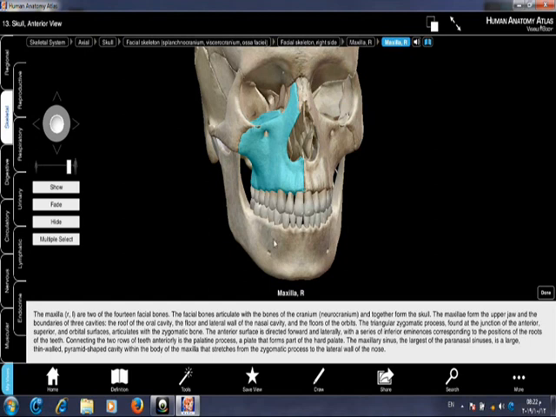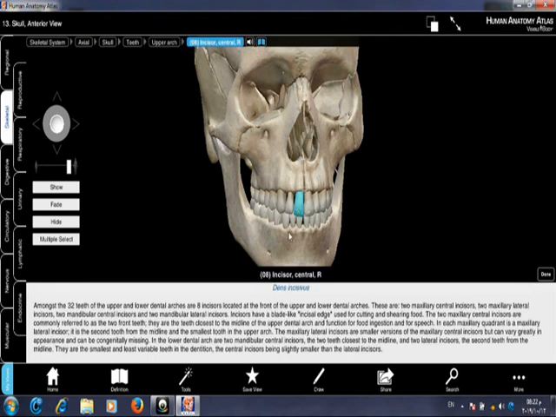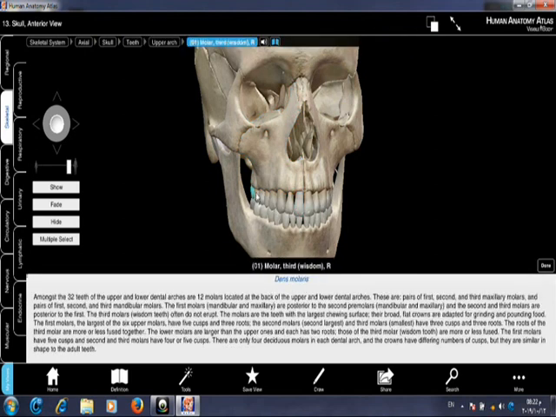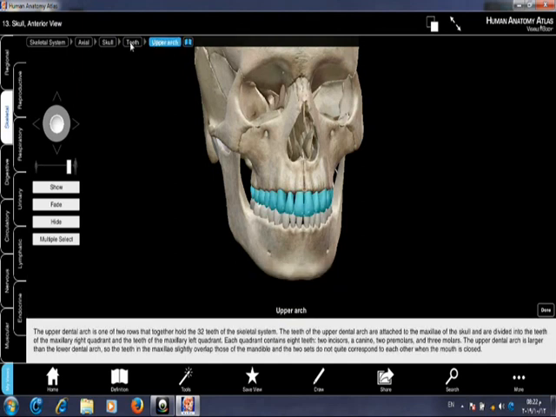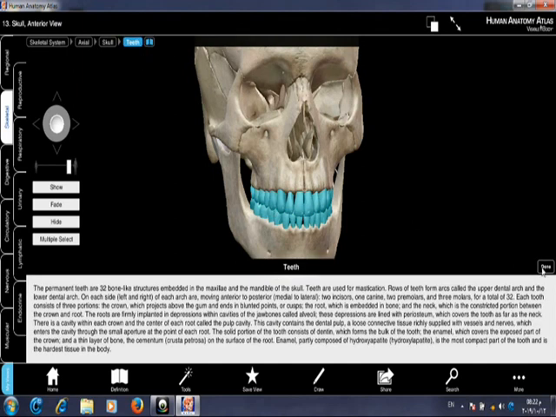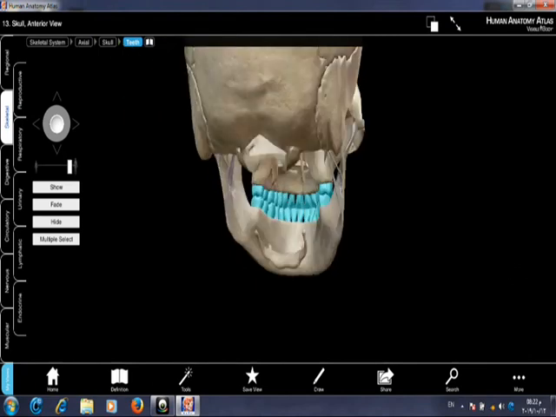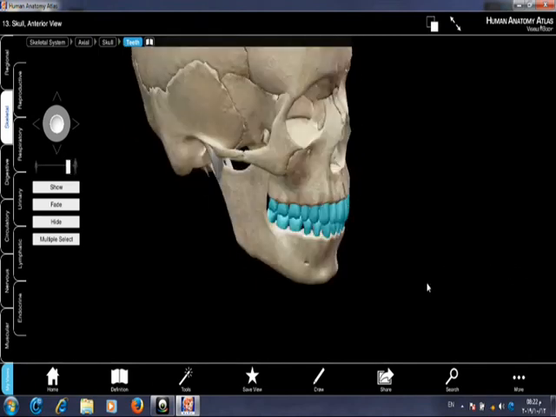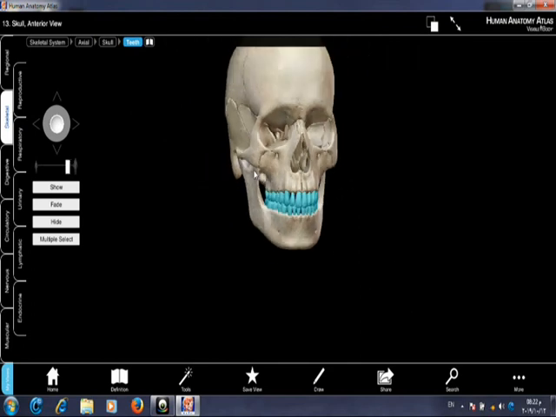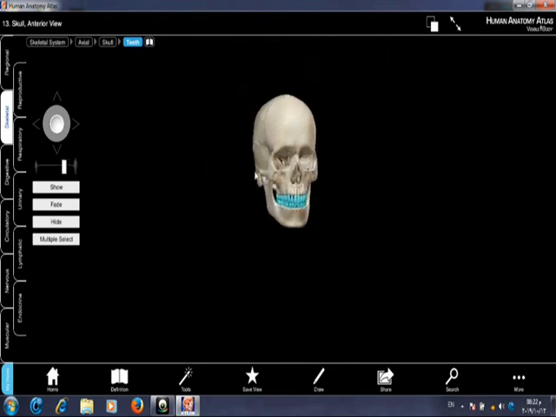Okay. So these are the teeth, you know, the upper arch and teeth in general. It's from behind, okay? So this is the skull in general.